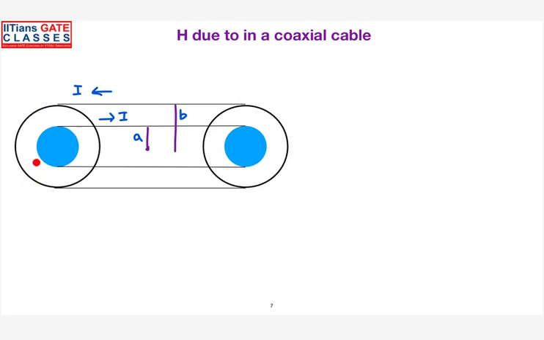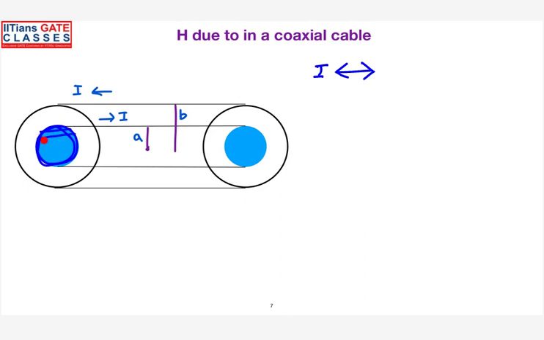When you apply any voltage, the current flows through the inner conductor and the outer conductor. In other words, the inner conductor is carrying a current I in a loop area given by the cross-sectional area of the inner conductor.